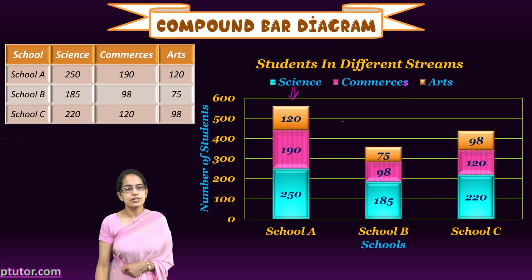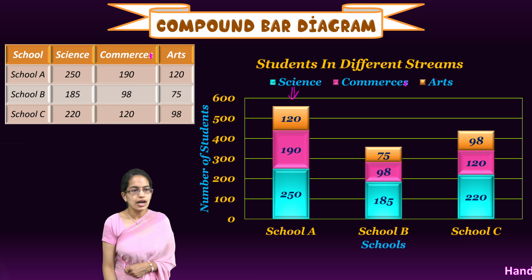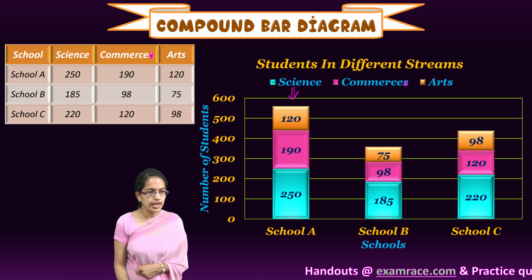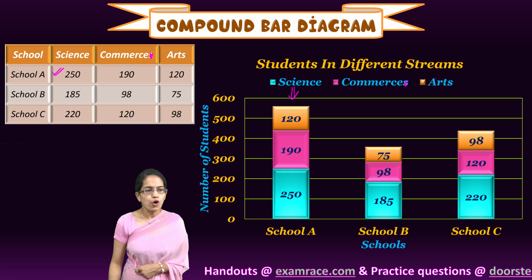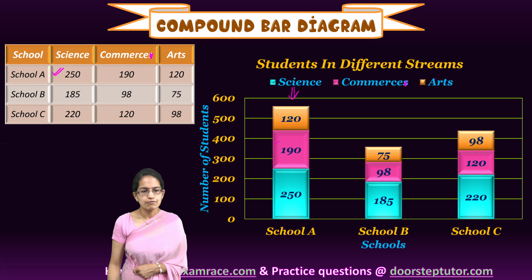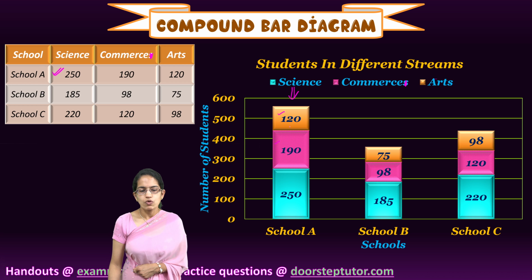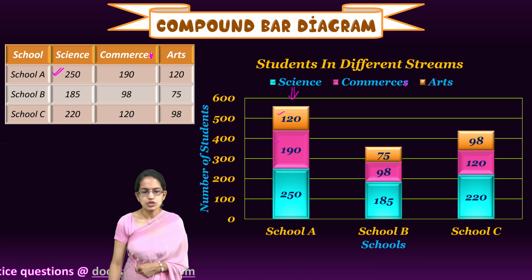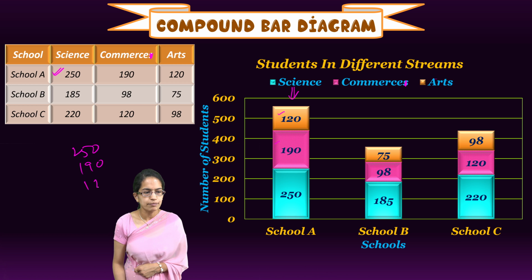For science, let's say school A has 250 students, for commerce 190 students and for arts 120 students. So we draw a compound bar graph which shows the total number of enrollment of students, which is 250 plus 190 plus 120.